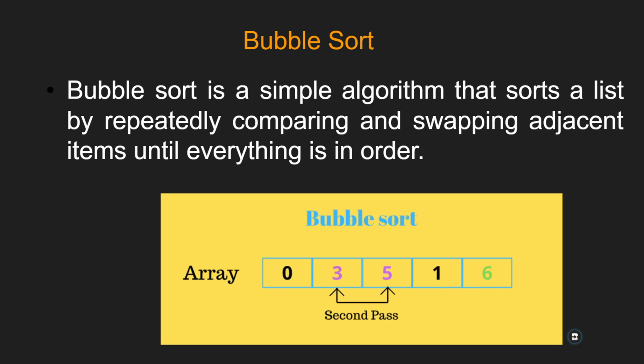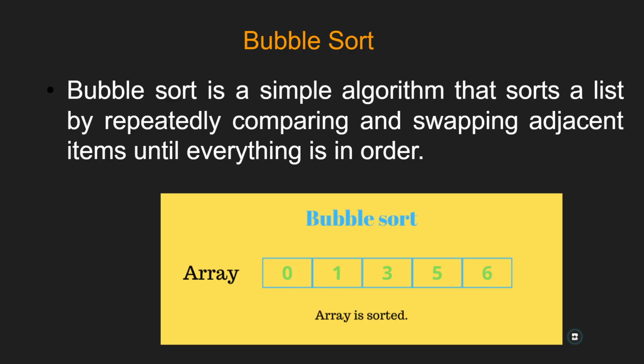Then you come back again for the second pass, do the same thing pair by pair, and then come back again from the beginning for the third pass, fourth pass. We see that all of the items are in the right place, so the sorting algorithm just stops; it's not doing anything else. That's basically it. Now, with this knowledge, we are going to write a Python code for that.